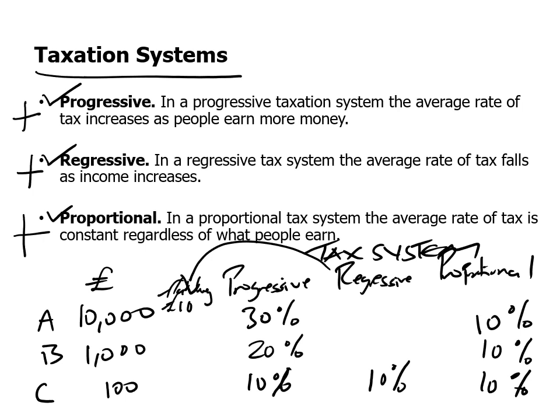Individual B will pay 1%, and individual A will pay 0.1% of his or her income. So we see there that the average tax rate falls as income increases. So you earn more, you pay less, and you earn less, you pay more.